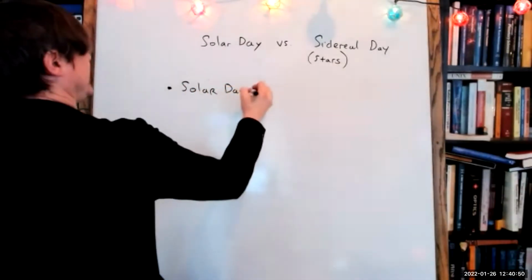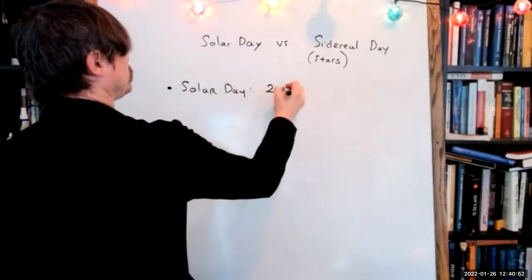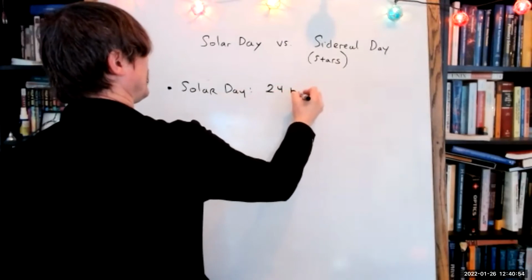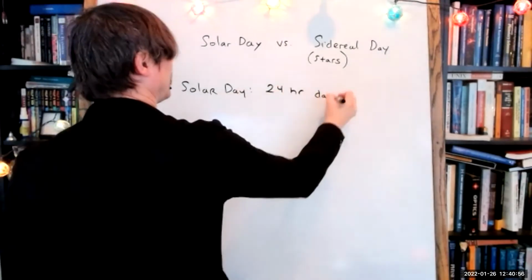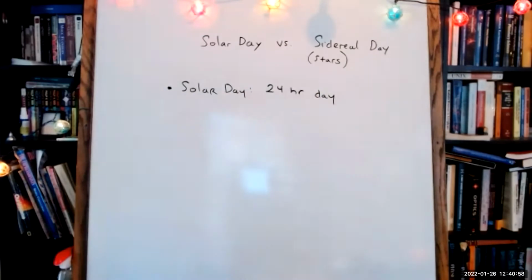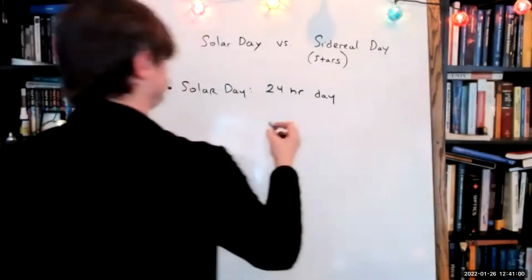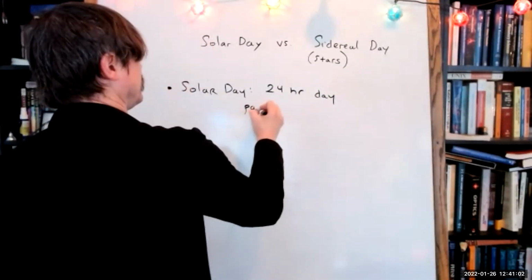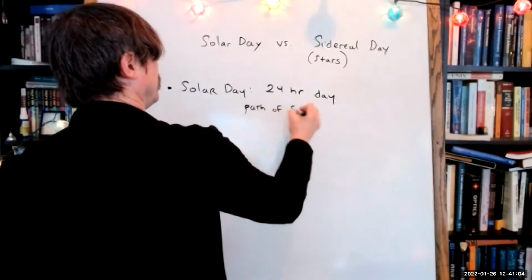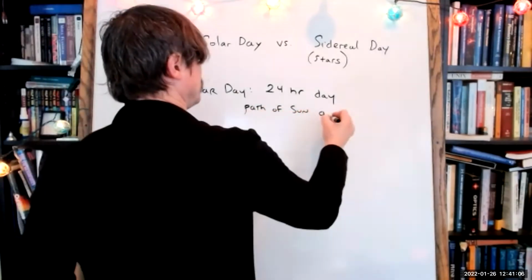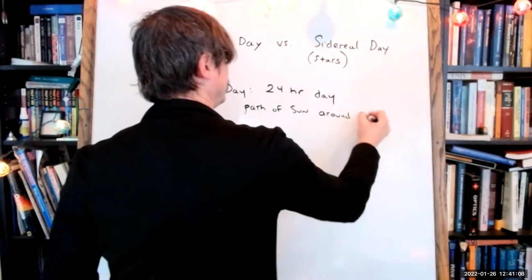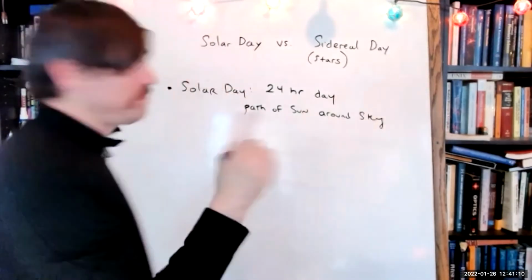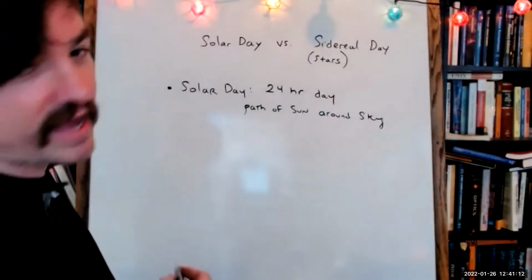A solar day is a 24-hour day, and it's based on the average path of the sun around the sky.